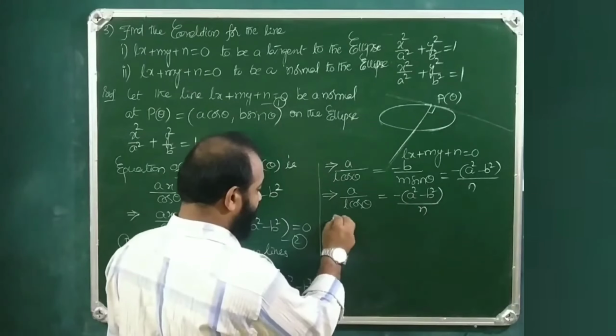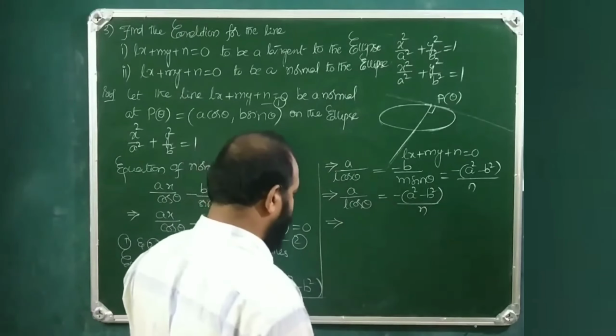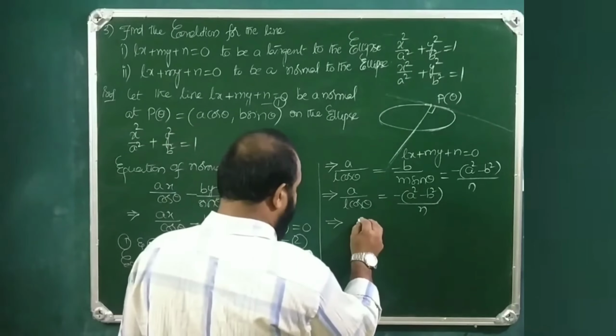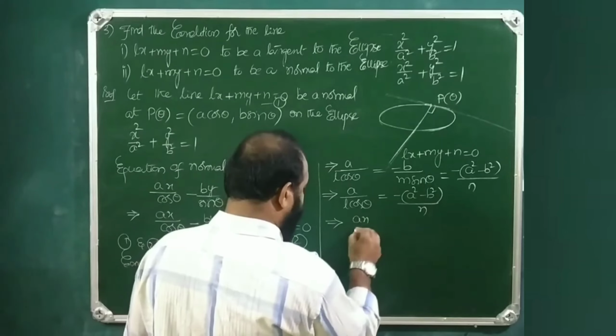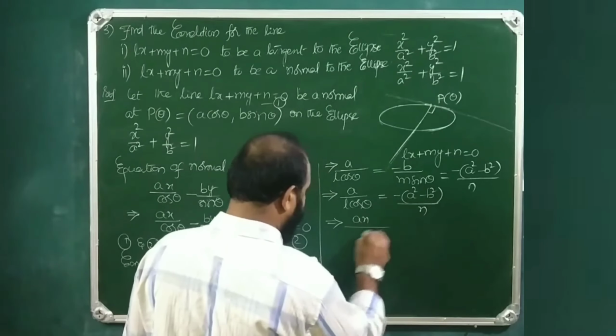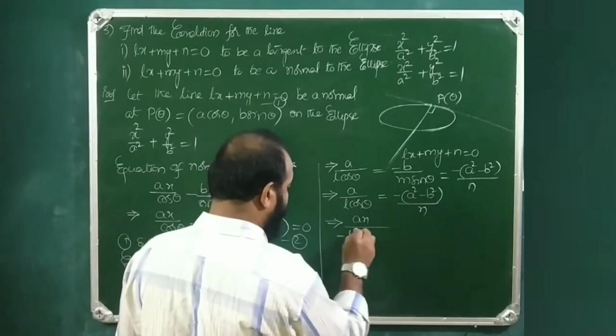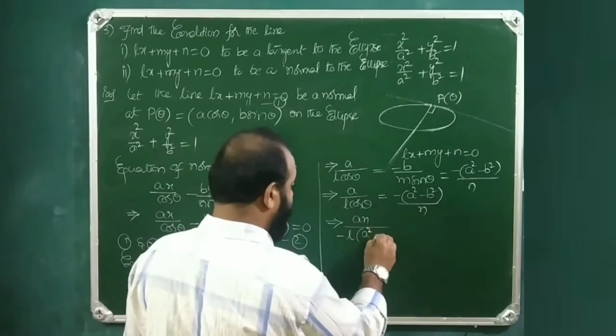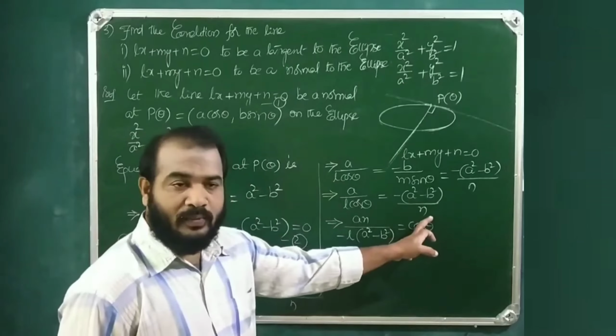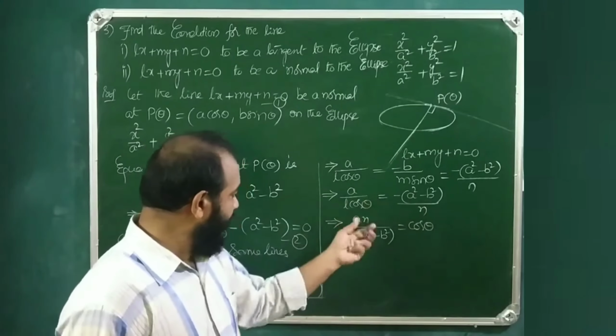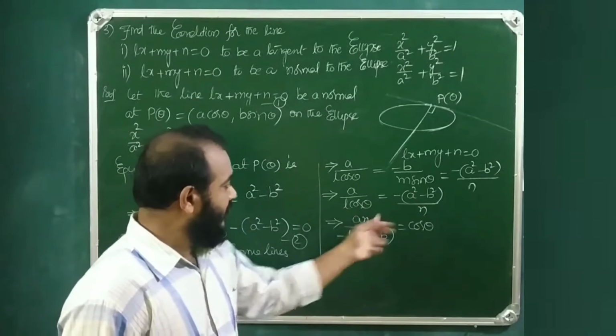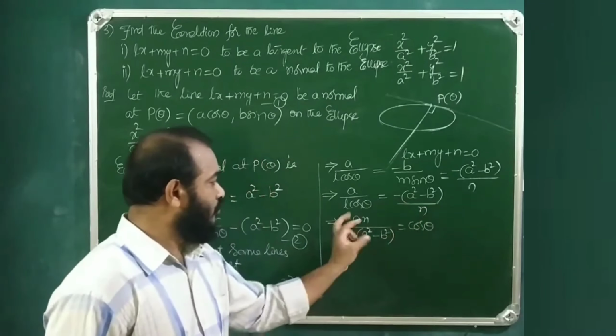So from this, an by L into minus L into a square minus b square is our cos theta. This is cross multiplication I have done, n into a, and L into minus a square minus b square, this cos theta I have brought onto that side.